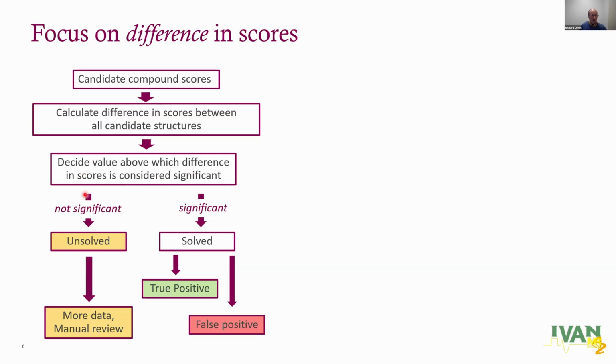If it's not significant, then the problem is unsolved. But that's kind of good that we know that, because then we know that we need more data. We can't distinguish between the two compounds. And if it is significant, then it's solved. Either we get the answer right, a true positive, or we get the answer wrong, a false positive.